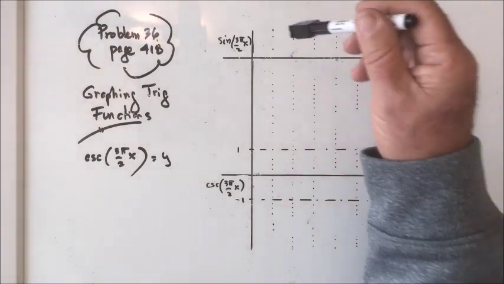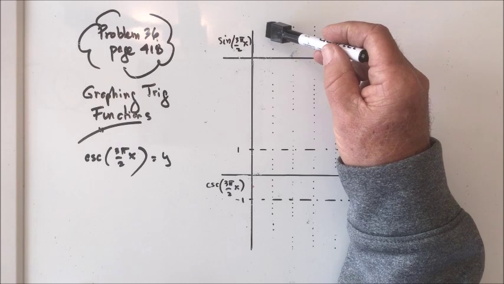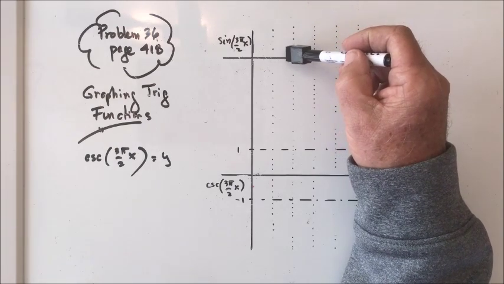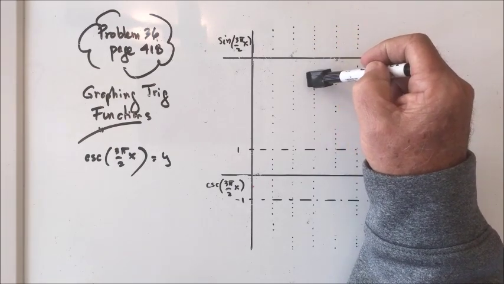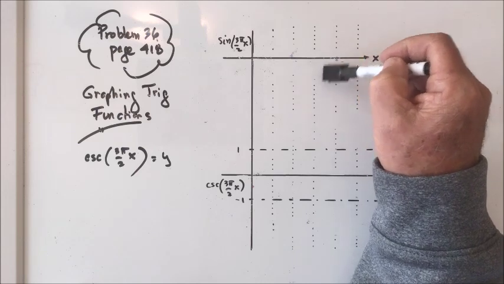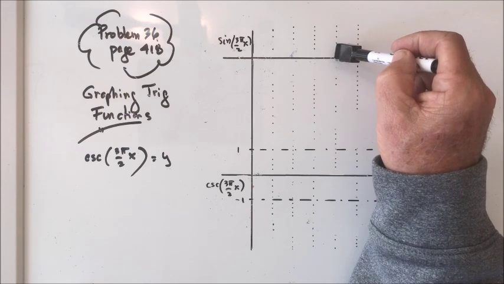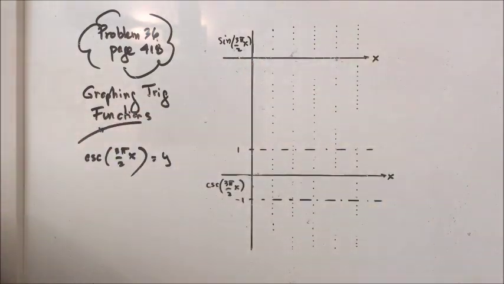So if the argument of the sine was just x, it would go from 0 up to 1 at pi over 2, back to 0 at pi, down to -1 at 3 pi over 2, and then complete its first cycle back to 0 at 2 pi. That is for sine of x with a period of 2 pi. We were dealing with that, but we're not.